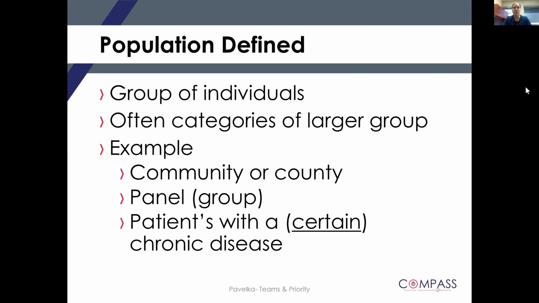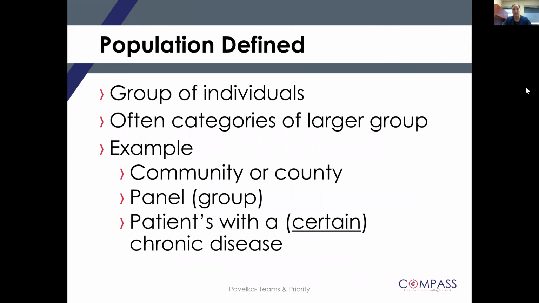So when I mentioned population a couple times, what do we mean by population? Well, a population is a group of individuals that is often categorized as part of a larger group. For example, maybe you have a whole state. That would be your population. But it could also be a community or maybe even a county. Maybe it's a town.